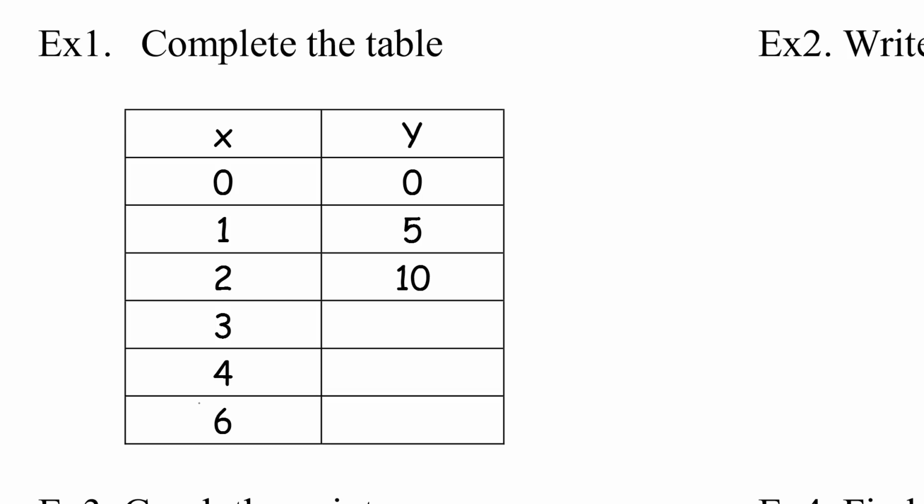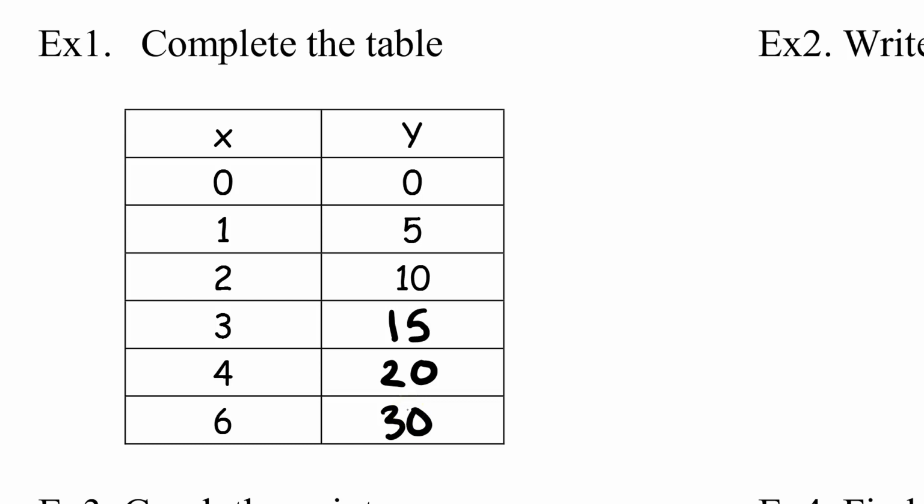So now that you've paused the video to anticipate, what I hope that you figured out is that this one's going to be 15, this one's going to be 20, and this one is going to be 30.